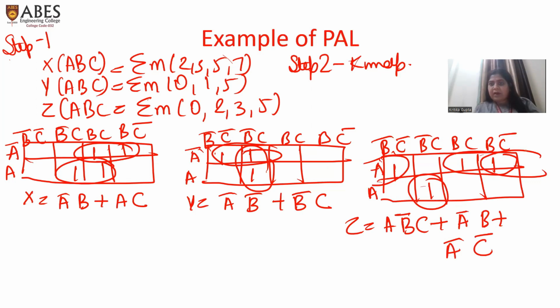For this, A bar B C bar, A bar, and for this, yes, A bar A B bar C. For this single pair, A B bar C. Yes. For this pair, I am getting A bar B, and for this one, A bar C bar. Yes.